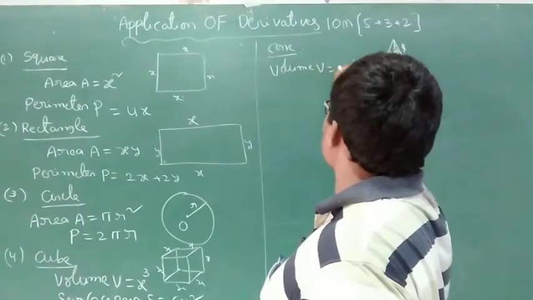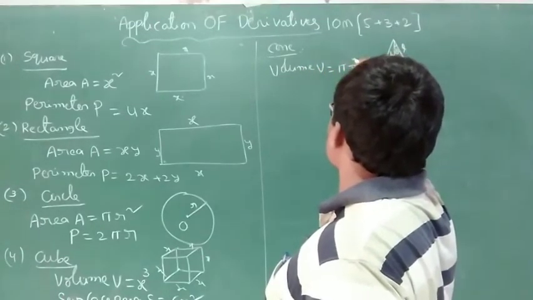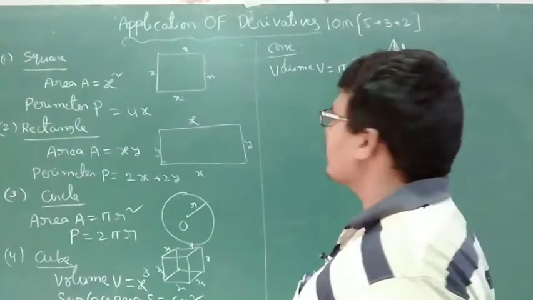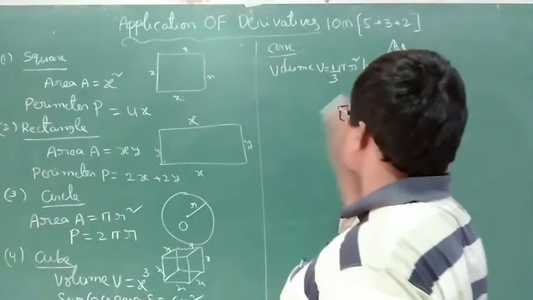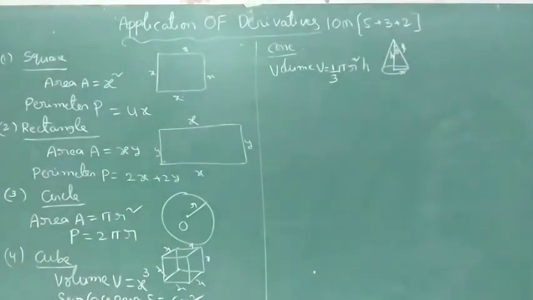Volume V is equal to pi r square h. Volume of the cone is 1/3 pi r square h.